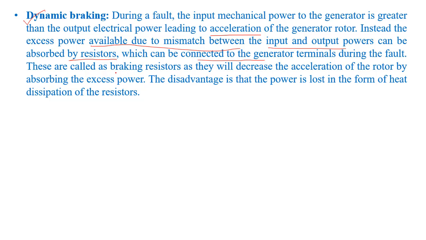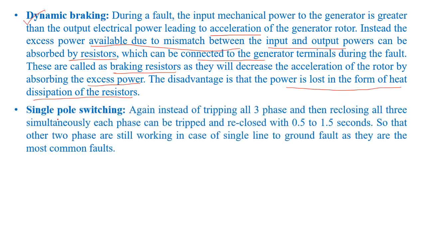These resistors are called braking resistors, as they will decrease the acceleration of the rotor by absorbing the excess power. The disadvantage of this method is that the power is lost in the form of heat, and therefore a dissipation mechanism should be developed in order to dissipate the heat produced in these braking resistors.